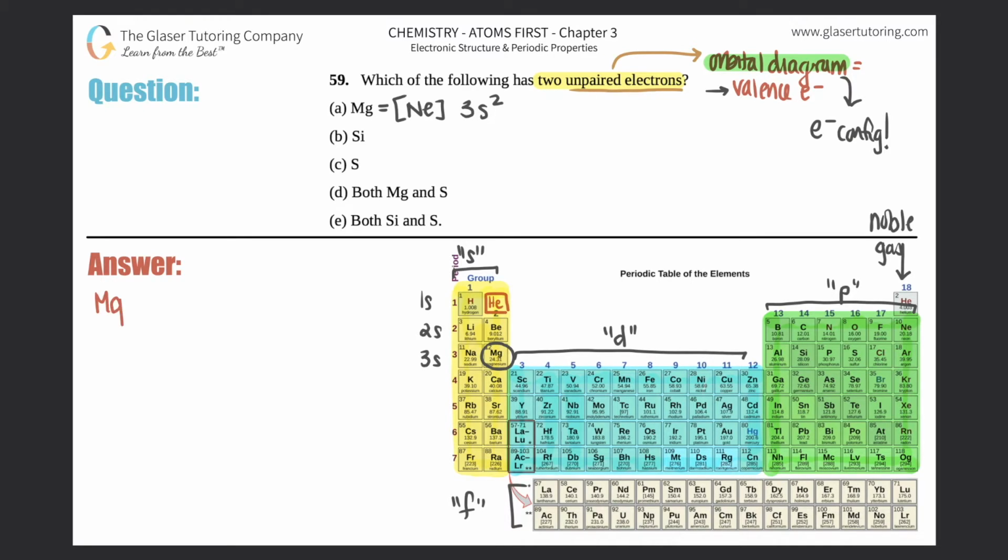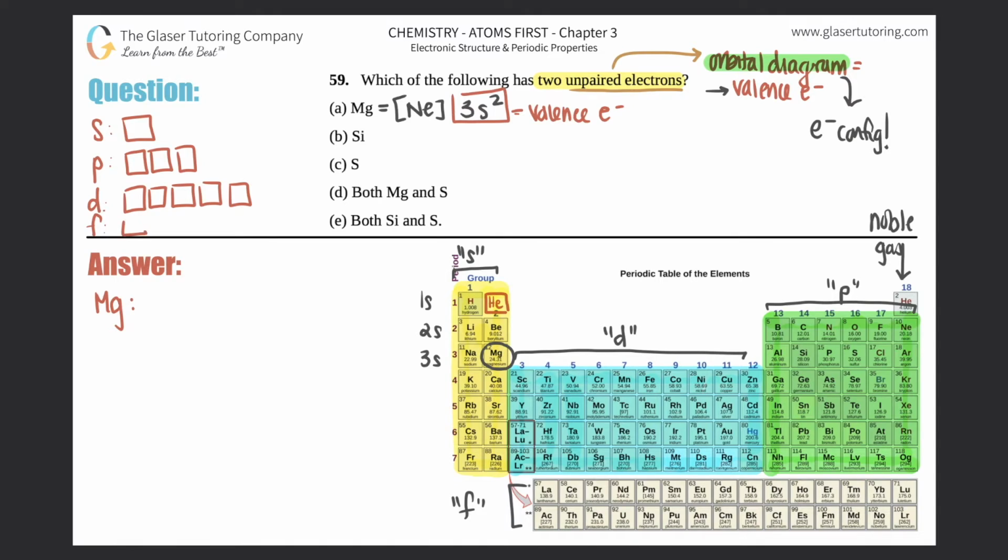Now, if I had to draw the orbital diagram for magnesium's valence electrons, these are the valence electrons, the outermost shell. Remember, s only has one box, because it has two max electrons, and each box can only have a max of 2 electrons. So the p's would have 3 boxes because it has a max of 6 electrons. The d's would have 5 because it has a max of 10 electrons. And the f's would have 7 boxes because they have a max of 14 electrons.